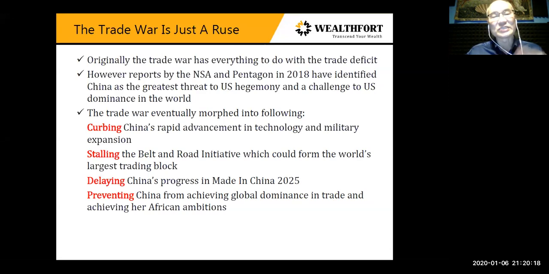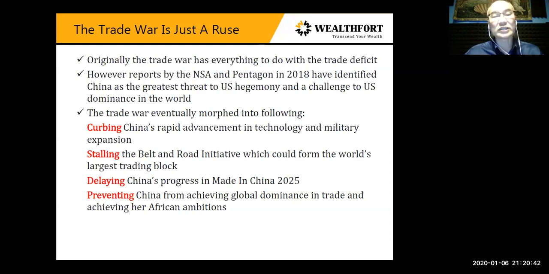Then the other thing is to delay China's progress in Made in China 2025. Perhaps China's mistake was due to their upbeat feeling and sentiment and belief that they are heading towards that dream, that China announced that by 2025, they would want to have 70% reliance on homegrown technology.